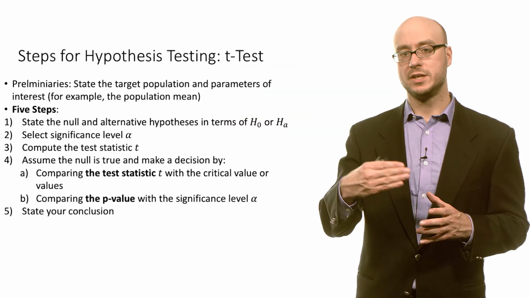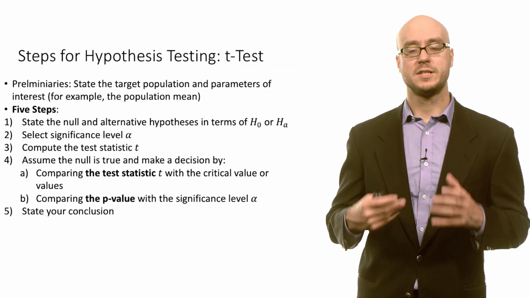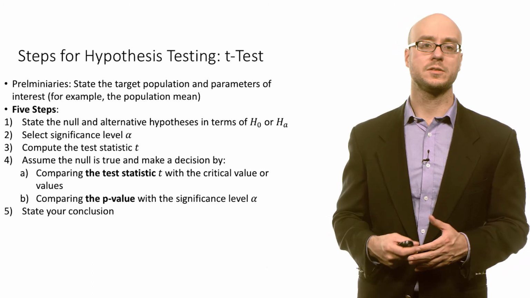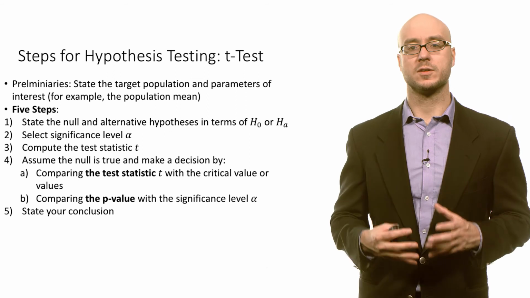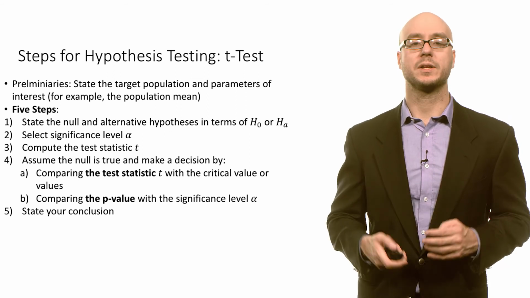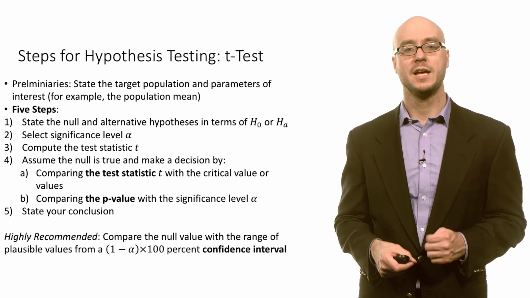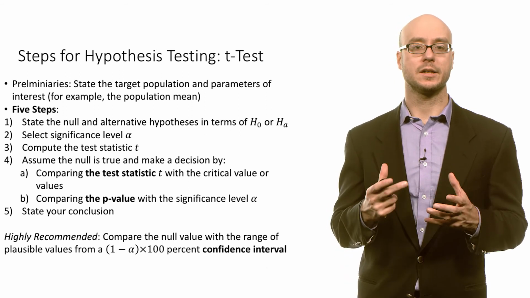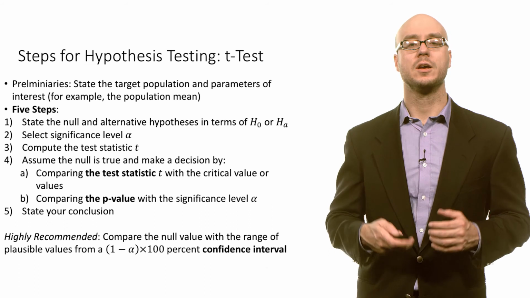Then, using either 4a or 4b, we state our conclusion, focusing on the statistical significance, whether we rejected or failed to reject the null, but we also want to focus on the substantive findings. What are the implications of this research?